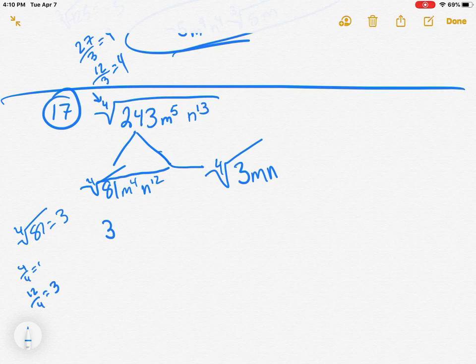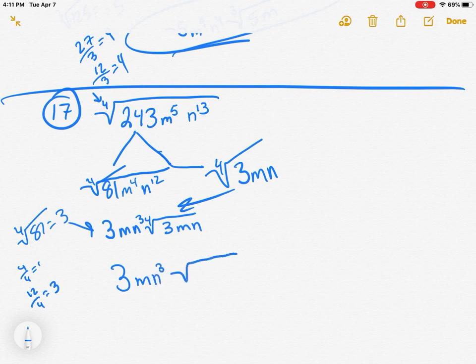So there's our 3, m, n to the 3rd, and then we bring over our friend over here, 3, m, n. So it's 3 m n to the 3rd times the 4th root of 3 m n.